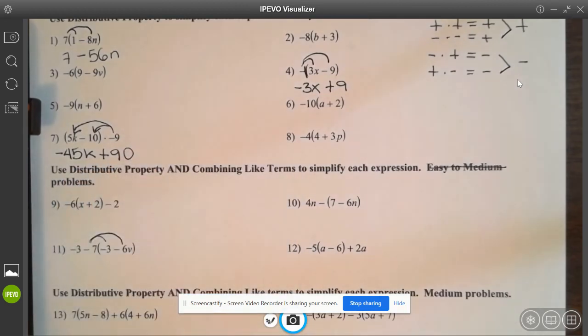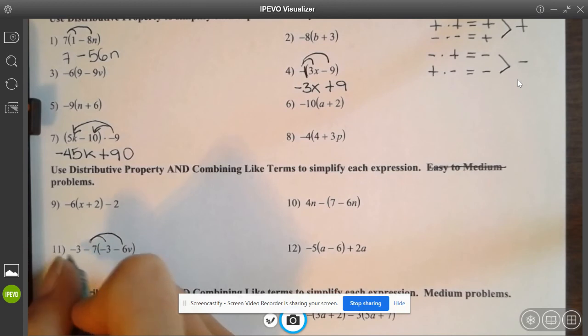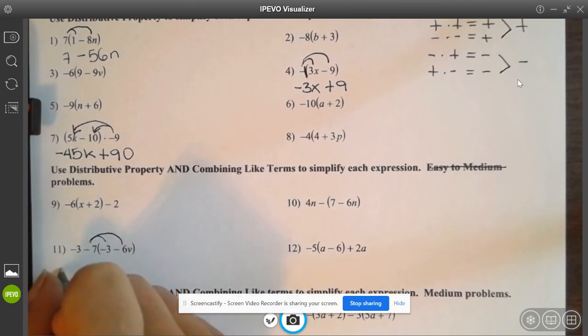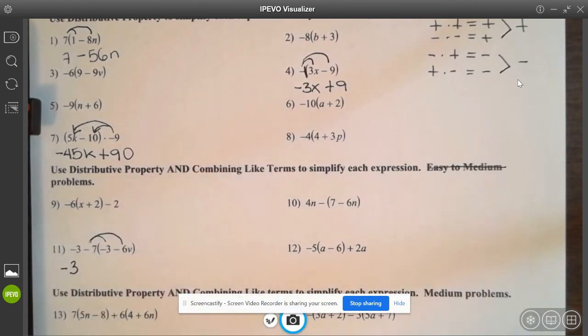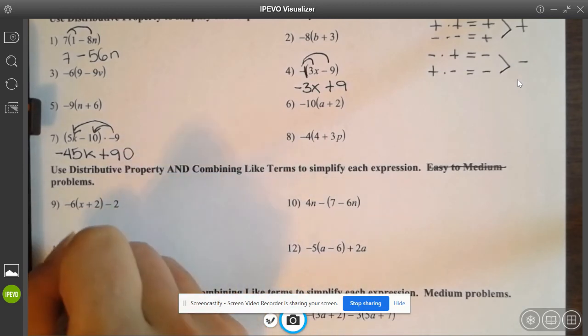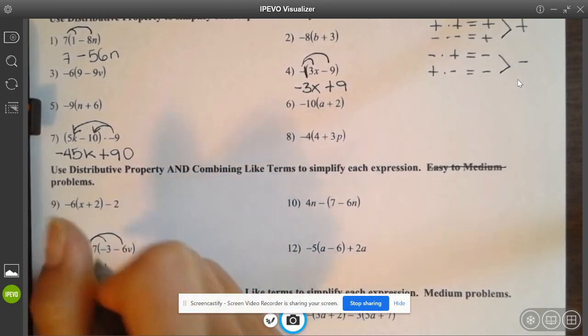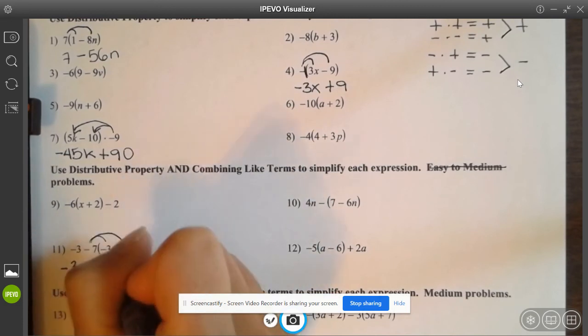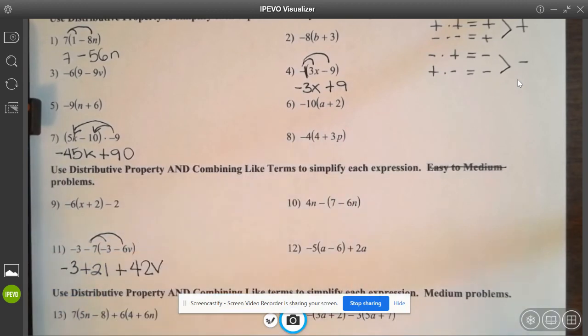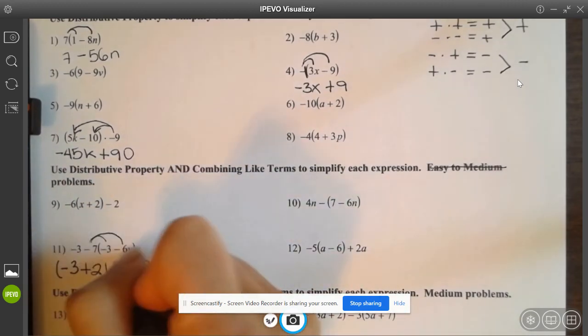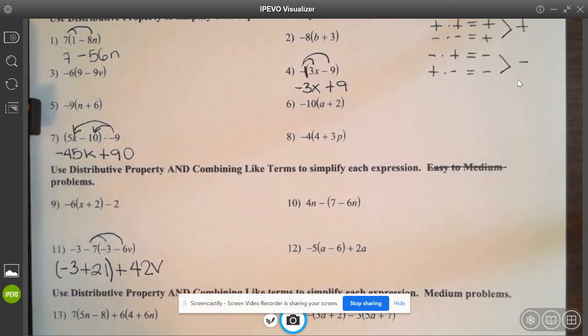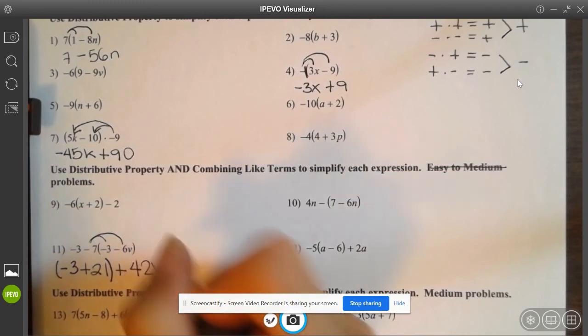So remember order of operations, right? Now, we haven't touched anything with the -3, so we're going to just rewrite it and then multiply. -7 times -3 is +21, and then -7 times -6, that's +42v. All right, so my next step will be to combine like terms. So what terms can be combined? Those two, because those don't have variables.